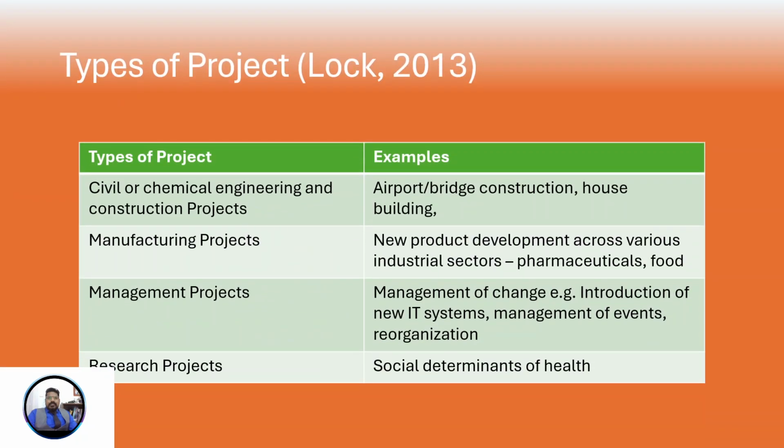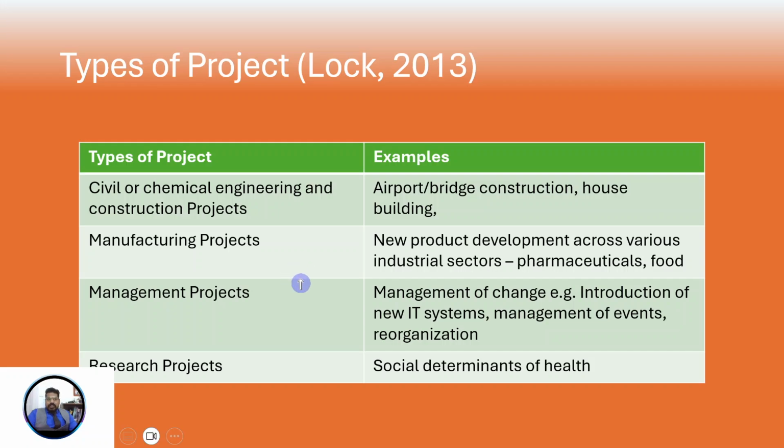Now, you see, these are the kinds of types of projects you can say. One is civil or mechanical, then you have manufacturing projects, then you have management projects, and then you have research oriented projects. Based on the requirement of projects, you deploy the respective kind of project management methodologies. For example, civil or mechanical, wherein your scope is completely defined and frozen, you will follow the traditional waterfall approach.